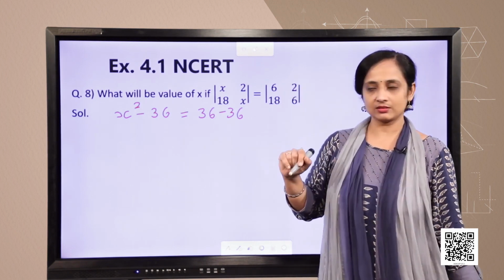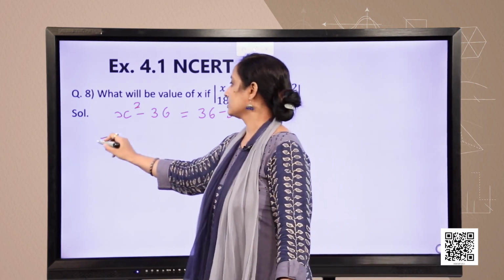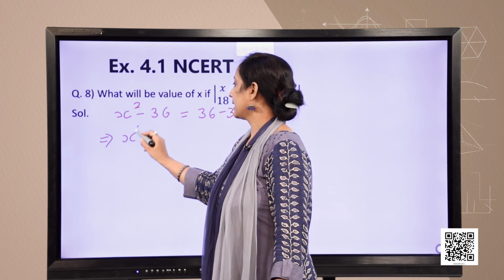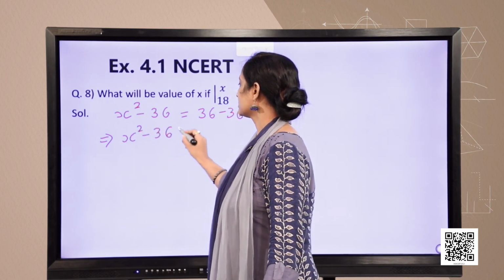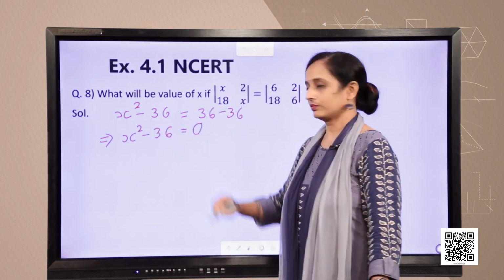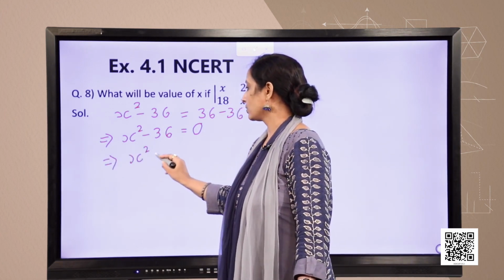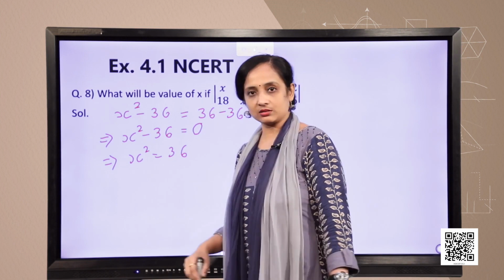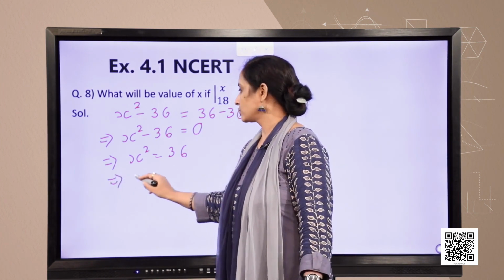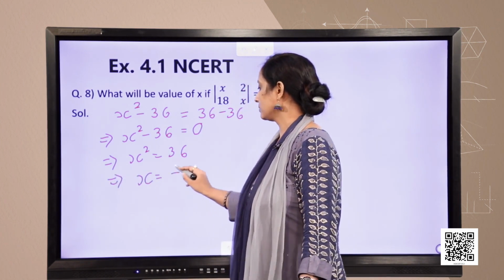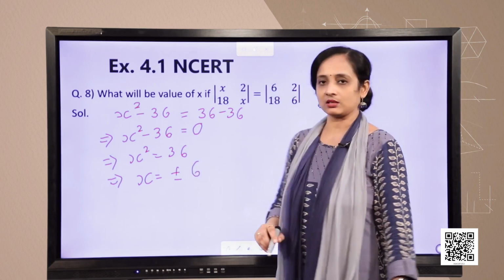We have simplified this determinant also. So this is giving you x square minus 36 is equal to 0, which is giving us x square is equal to 36, which is equal to x is equal to plus minus 6.